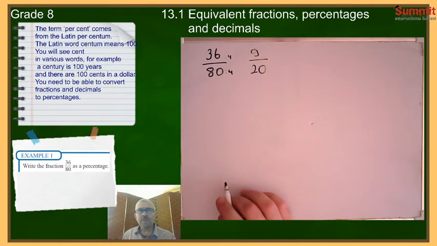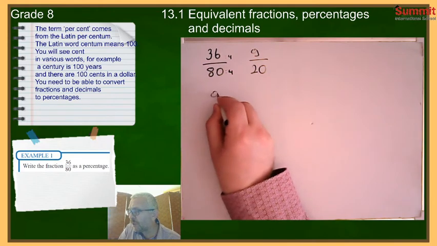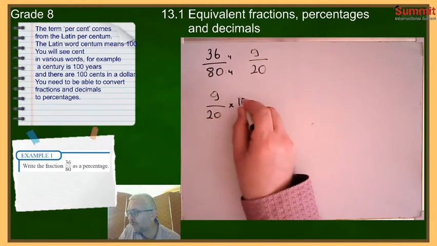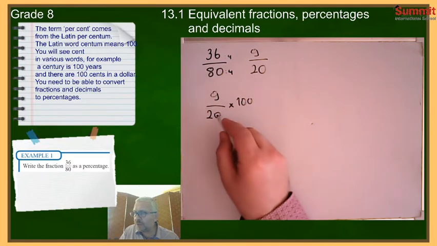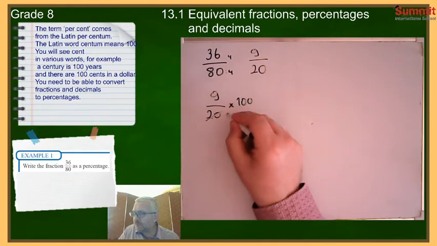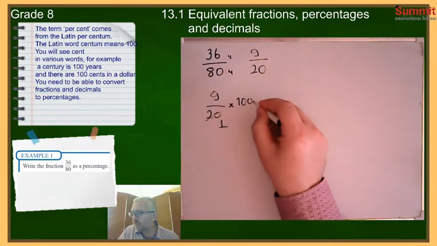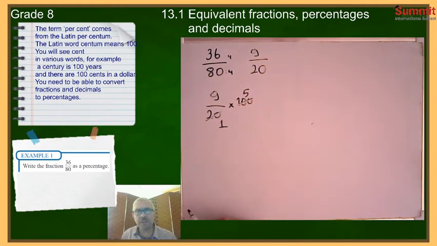Now we are going to multiply this fraction, 9 over 20, by 100. After doing this operation, here we are going to simplify this 20. By itself, 20 gives 1, and 100 divided by 20 is 5.